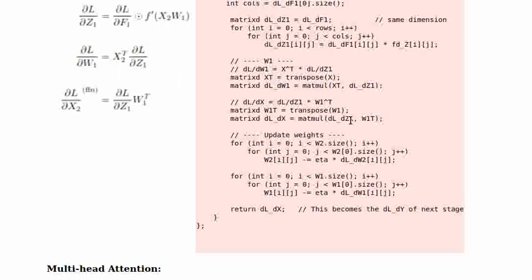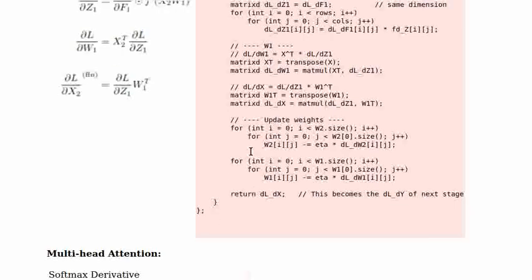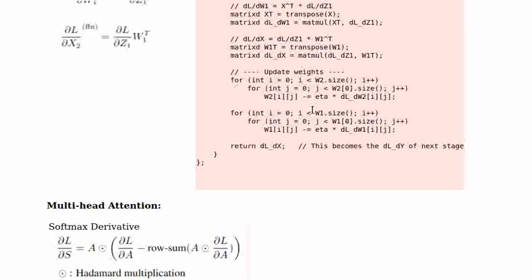And then dL/dX is equal to dL/dC1 times W1 transpose. Okay, again, we use this matrix multiplication to do it. And then we update the weights, okay, as we discussed before, very straightforward. And we return the gradient with respect to the input, so that's dL/dX. This dL/dX becomes the dL/dy of the next stage.